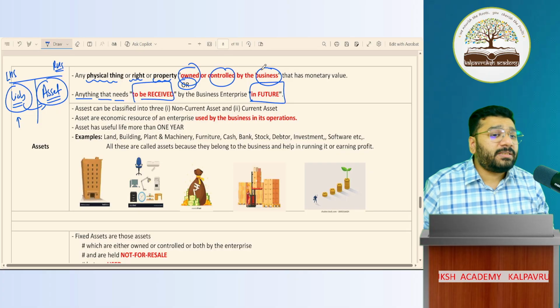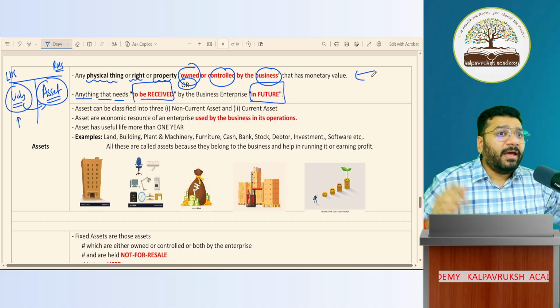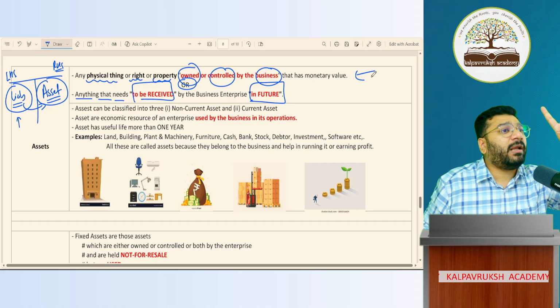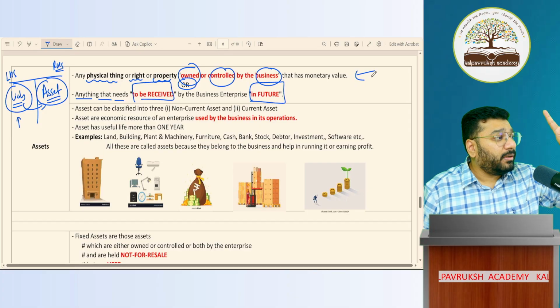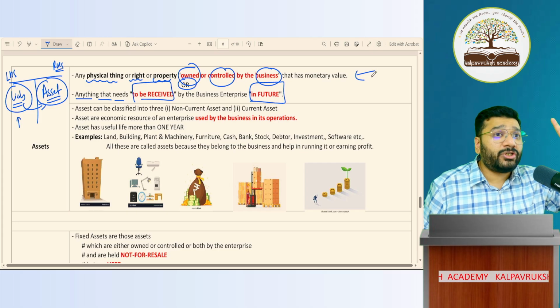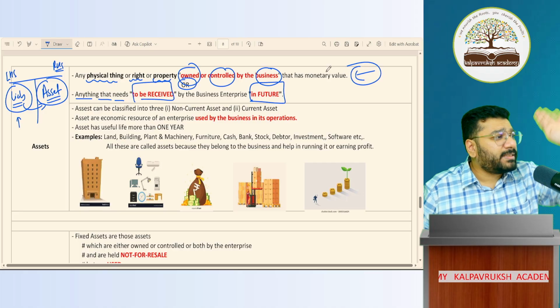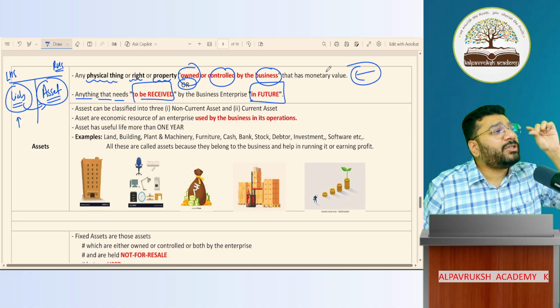This line has such a huge meaning that I could explain it for one hour, which I do neither at 11th stage, nor 12th stage, nor CA Foundation stage. At CA Intermediate level, we discuss this in depth. That much masala is not required for you, so I've kept this very short and crisp.